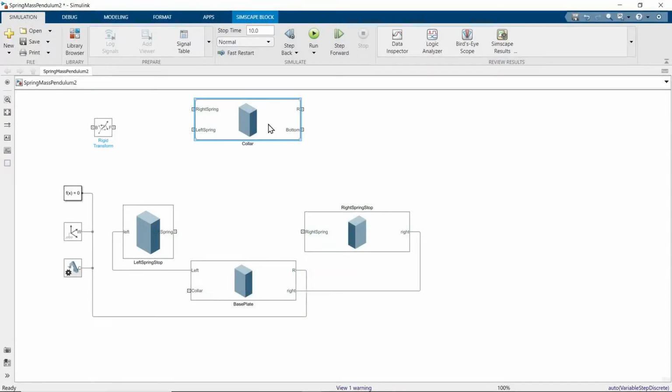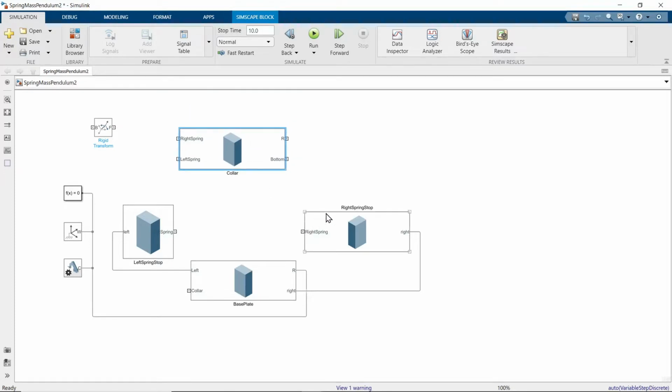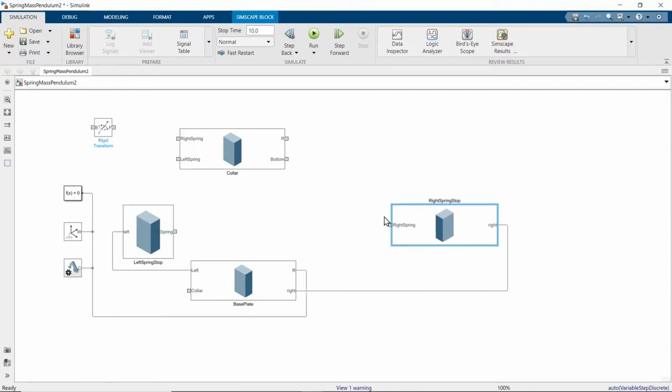Okay, now we need to connect the collar. The collar is connected through a prismatic joint to the base plate, and the base plate here, collar, the bottom. So we cannot connect them directly because it's going to slide. So let's first create a prismatic joint.